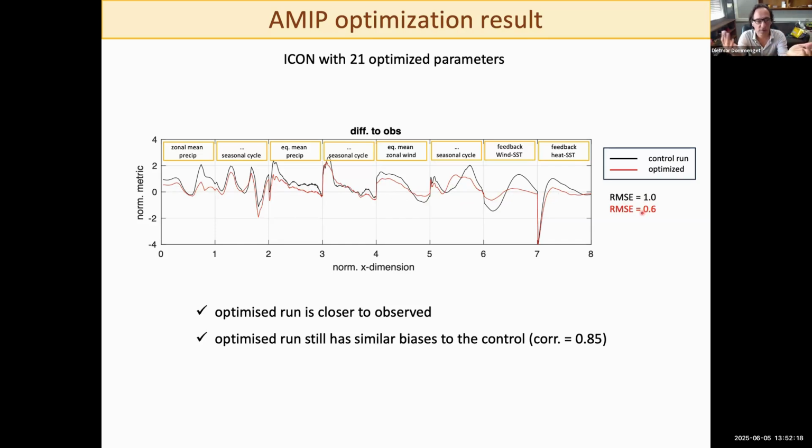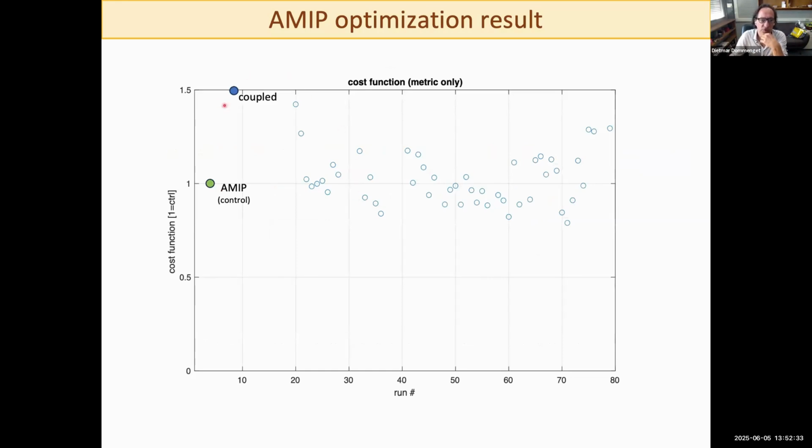But you can also notice that the red and the black curve look similar, which basically means that the biases are still kind of the same. They are just smaller, but they're still the same kind of biases. But we have substantially reduced them. So in this initial graph that I showed you, where you had this error of 1 and the coupled model, which has an error of 1.5, we now get to about an error of 0.6 with this optimization.